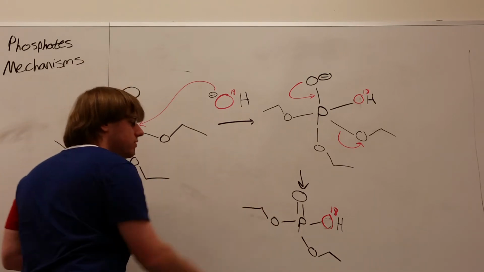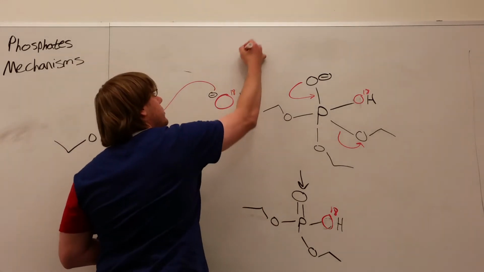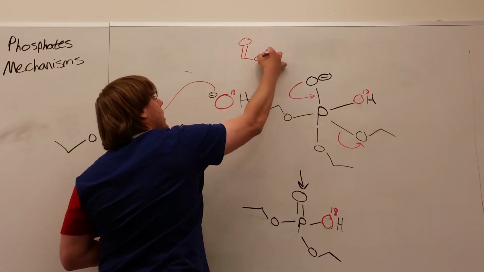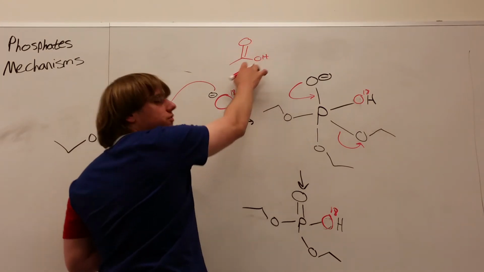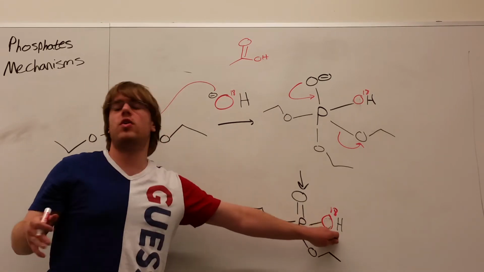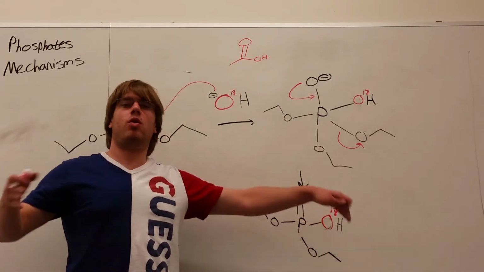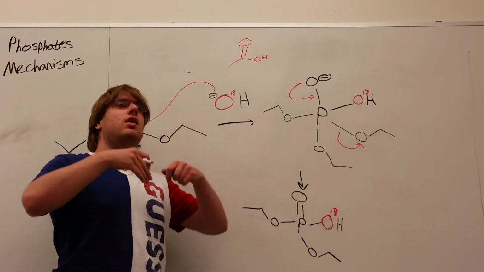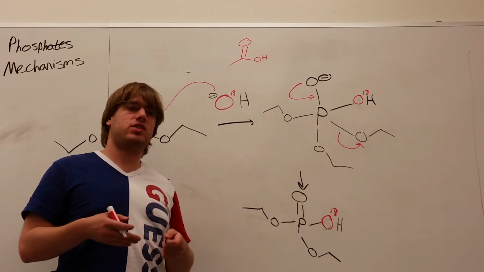What we have right now is very similar to a carboxylic acid, a carbonyl with an OH. And we learned that these hydrogens are very, very, very acidic. The same is true here. This hydrogen is very readily able to pop off. And one thing we will stress over and over again is acid-base reactions are the fastest things to happen.